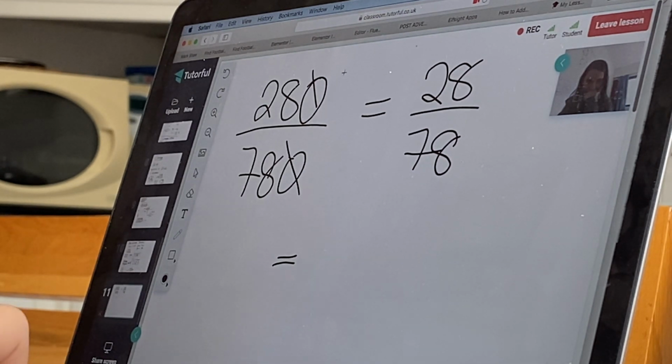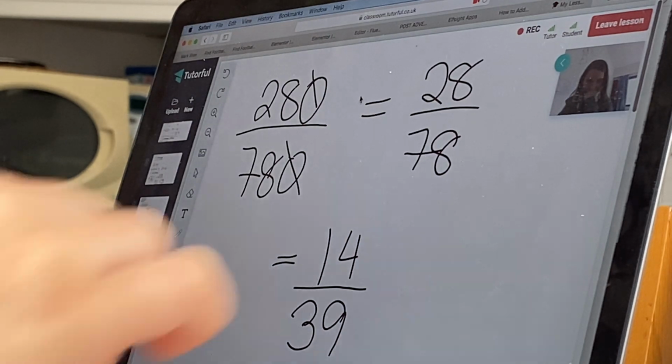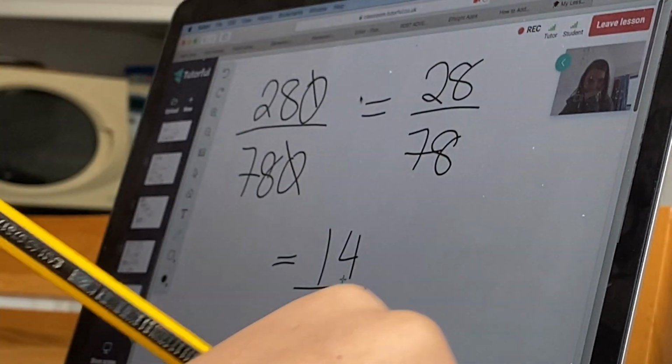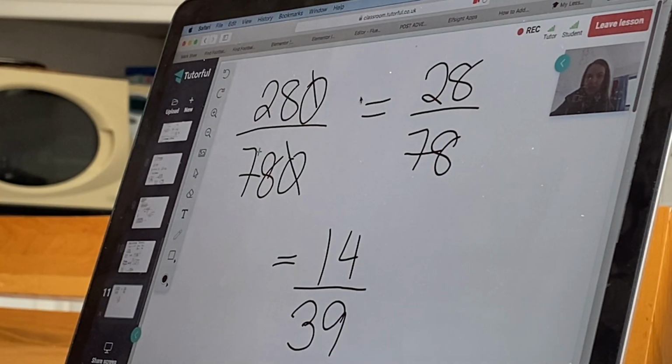No. So maybe 2. So we could do 14 divided by 39. Okay, so if you try this division here, it might be a little bit easier than trying to do this division here. And we can see that they're the same as well.